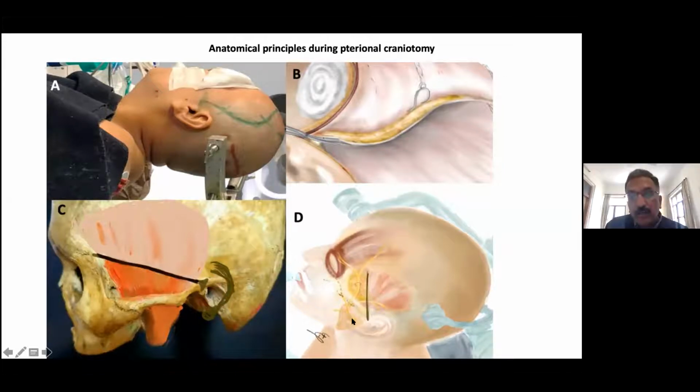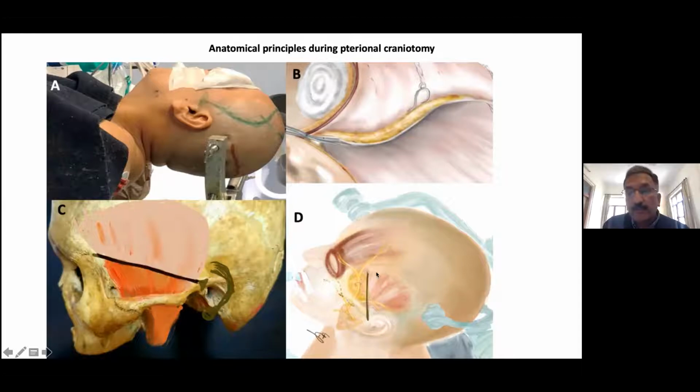The facial nerve emerges from the stylomastoid foramen, comes onto the zygomatic process, and then passes just superior to the zygomatic process, goes into the fat here, and then comes to the orbicularis oculi and the frontalis muscles here.